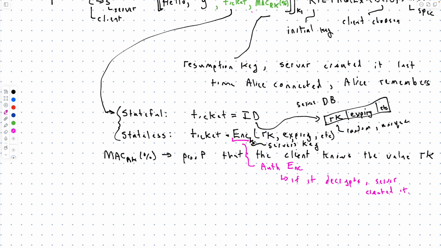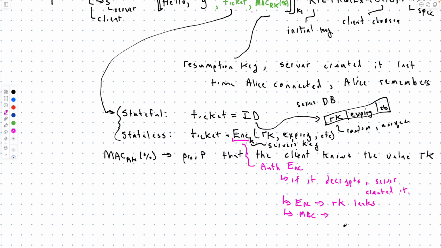So here, both the encryption's important, otherwise RK leaks, right? And the MAC that's implicit in authenticated encryption is important because that's what guarantees this. It's almost like the server signed something, gave it to you, and then when you come back with it, it sees that it signed it.